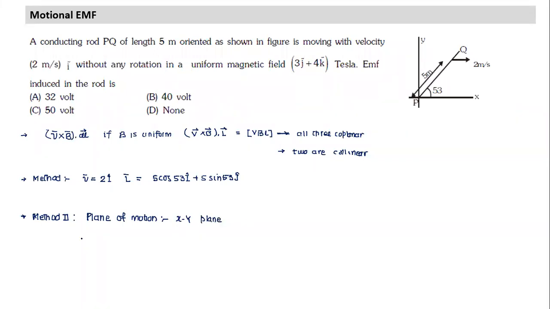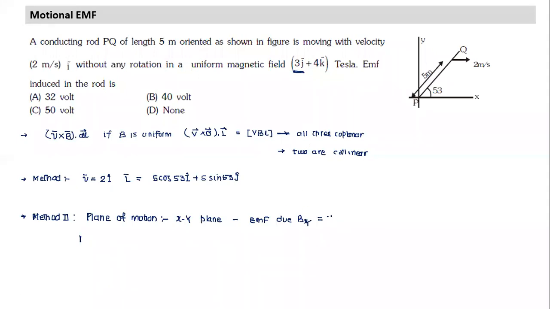So which is the B component? If I write this B, we take two parts here. One part is this component of B. What will be the EMF due to the Y component?